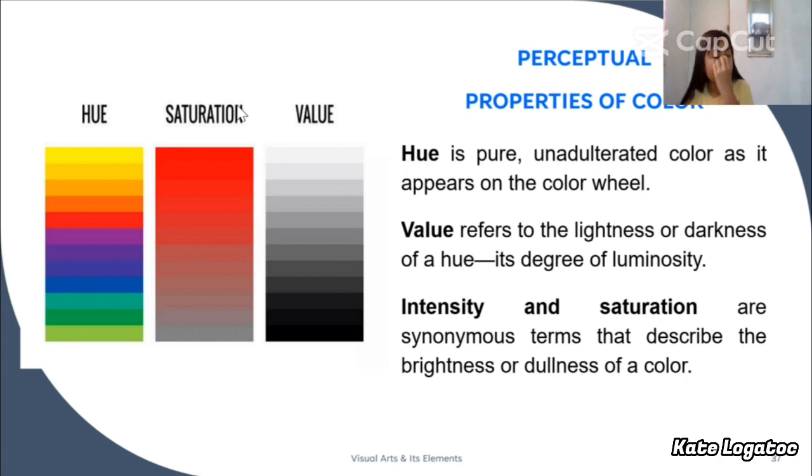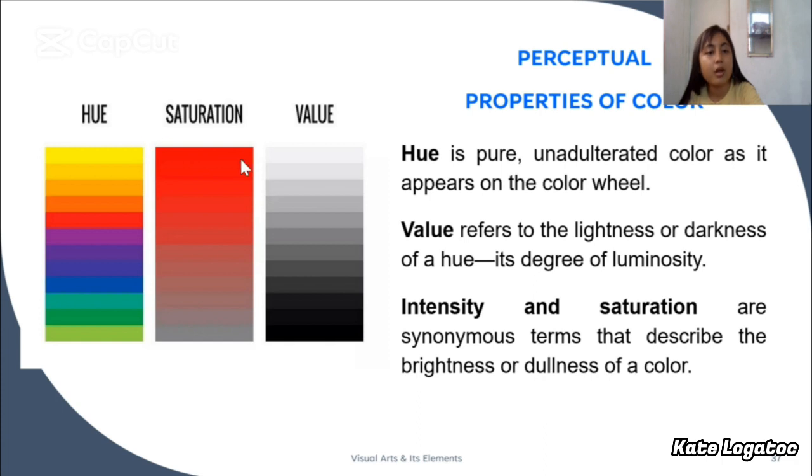While yung saturation naman, ito yung kung gaano katingkad yung kulay. Kaya may tinatawag tayong saturated. Ano ba yung saturated? Yung saturated, kung gaano kalapit yung kulay dun sa original na kulay, katulad nung sa hue, halimbawa kung gaano kalapit yung red sa red, halimbawa matingkad na red. So, yun na yung red na talaga yun.